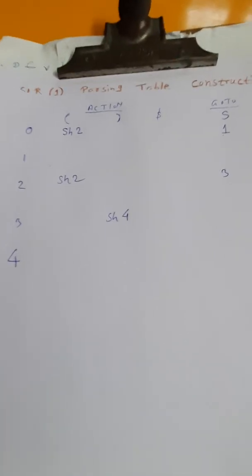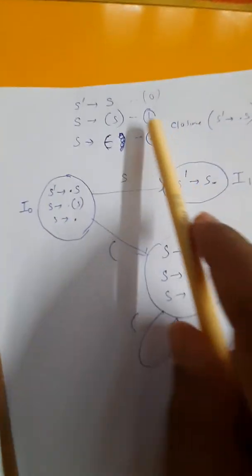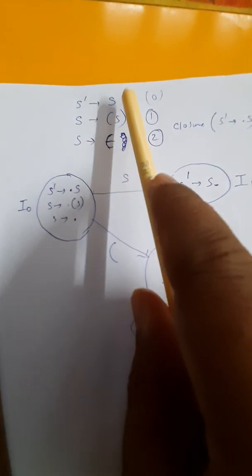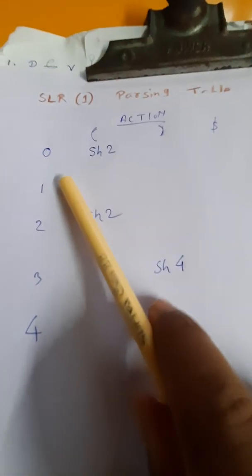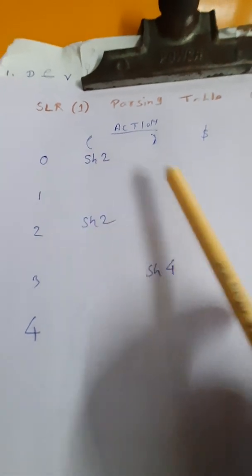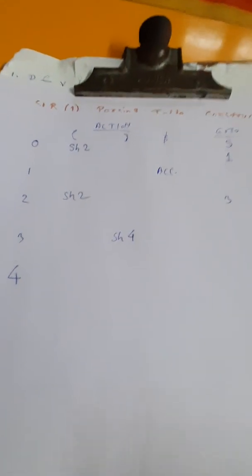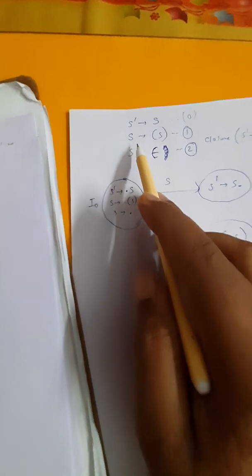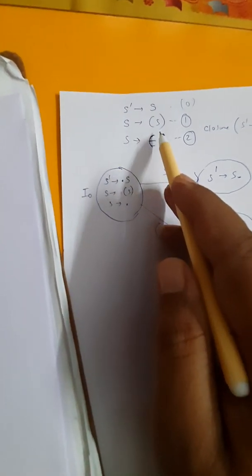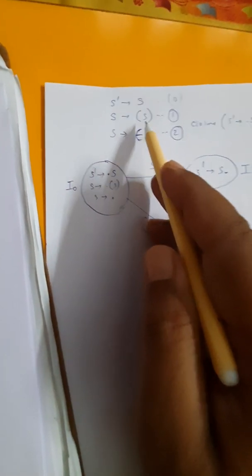Next, we will look among these states for the one containing S prime produces S dot. It's 1. So accept is placed at 1's row and at the dollar column. So here we will mark accept. Next, for reduce, first look at rule 1. What is there? S produces open brace S close brace.